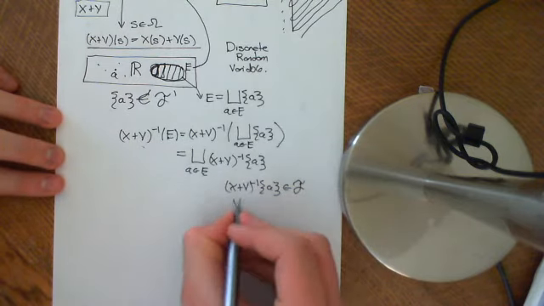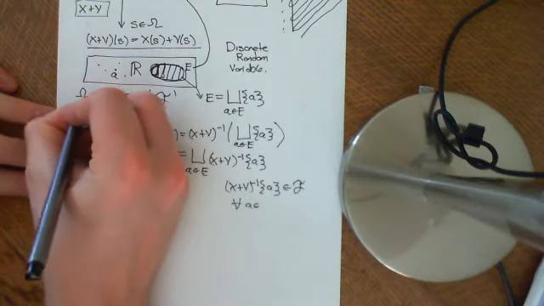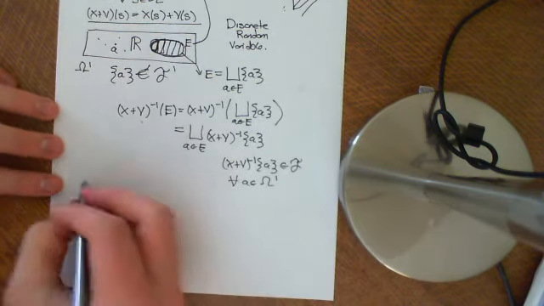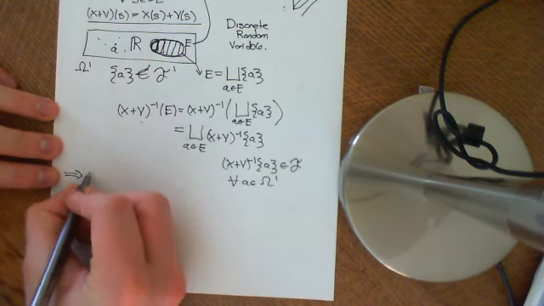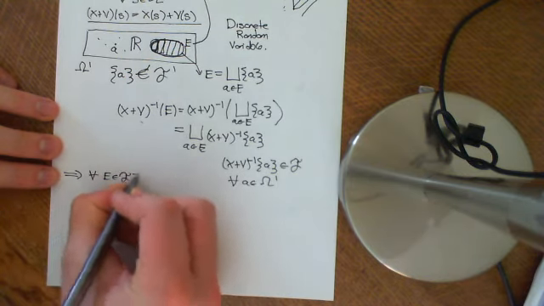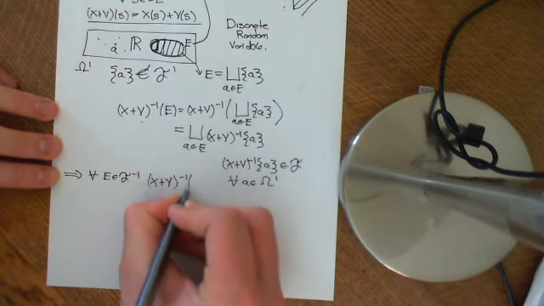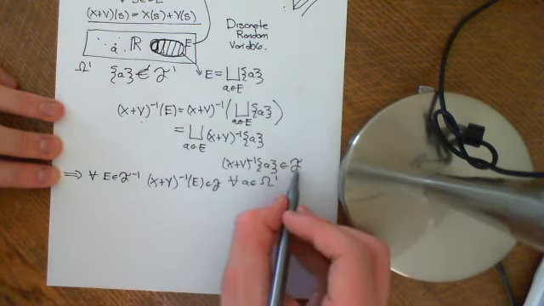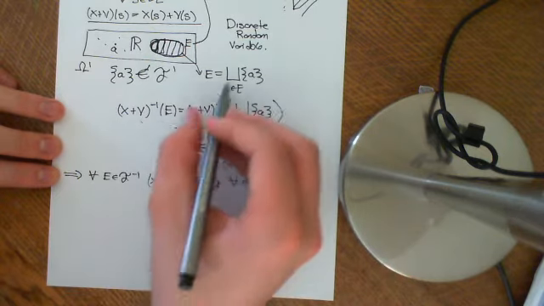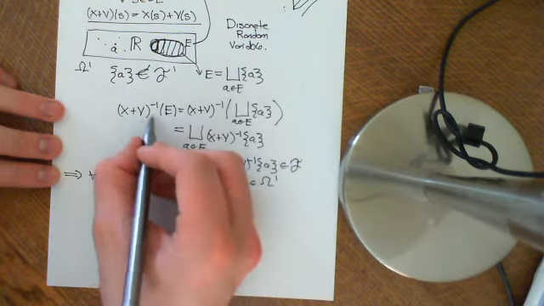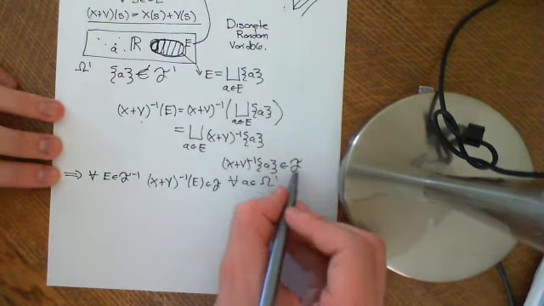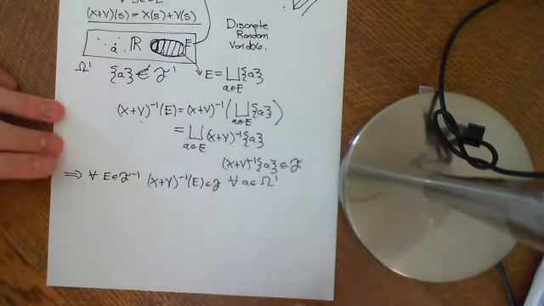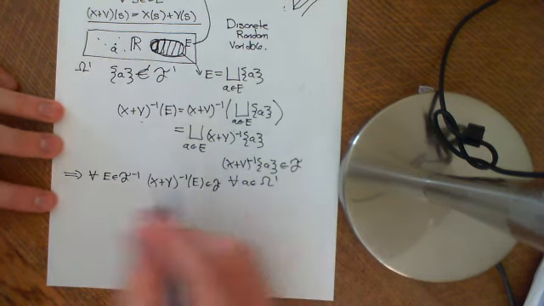If this is true for all A an element of, let's call this probability space omega star, so for all A an element of omega prime, rather, then that would imply that for all E an element of F prime, the inverse image of E is an element of F. The reason being that if all of these are elements of F, then every set E can be expressed as this union, so the inverse image of E can be expressed like this, and if all of these are elements of F, then a countable union of them is also an element of F by the basic axioms of sigma algebras. Okay, so that would prove the property we tried to prove.